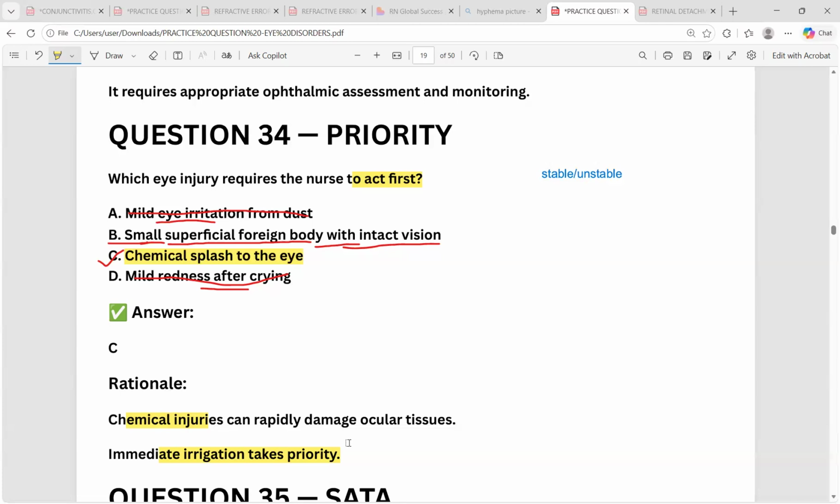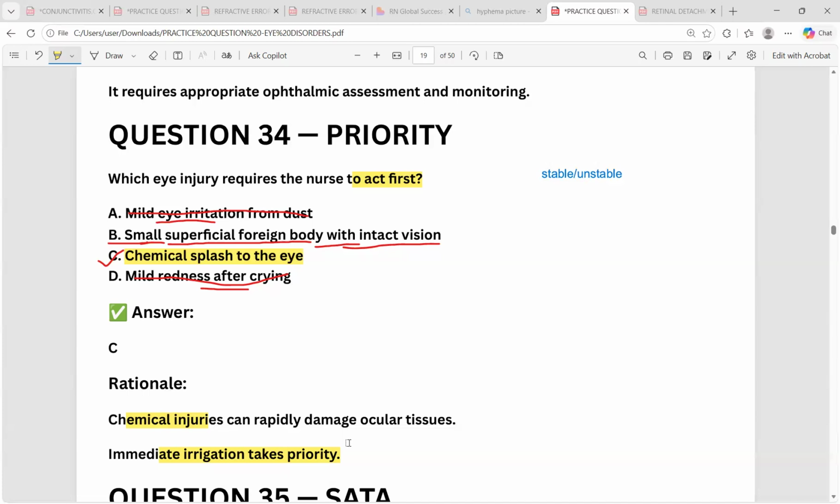But while comparing these two options, which is the most concern? Always go with the situation affecting the safety or life of the patient, that is the possible answer for us. And also, in an emergency situation, if we do not take prompt action, it can worsen the condition of the client because it can go into complication.